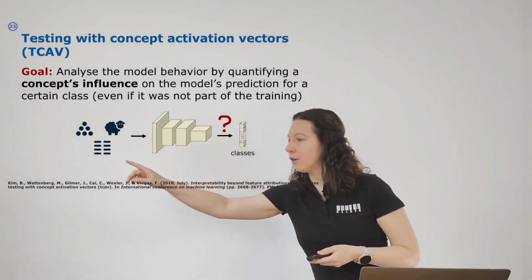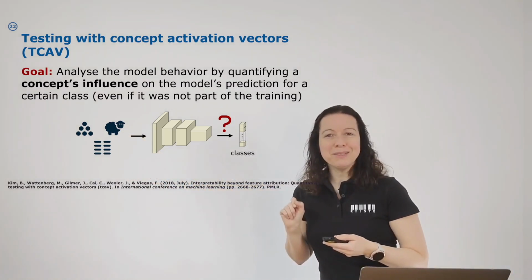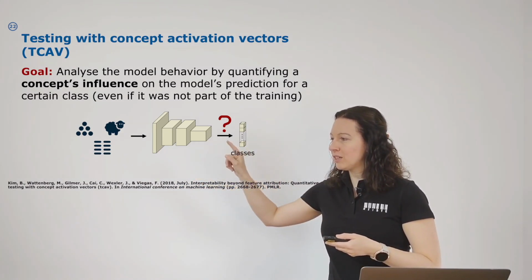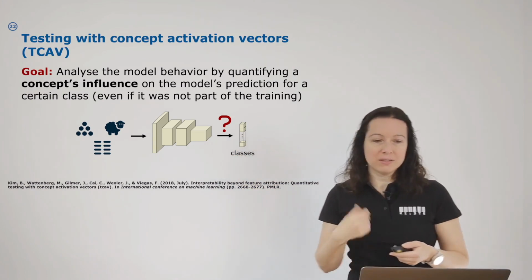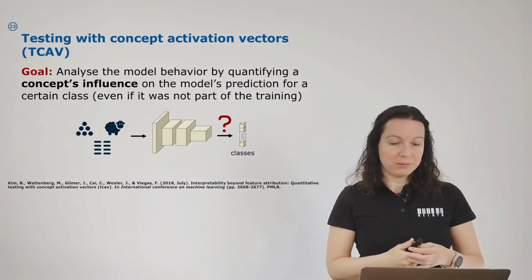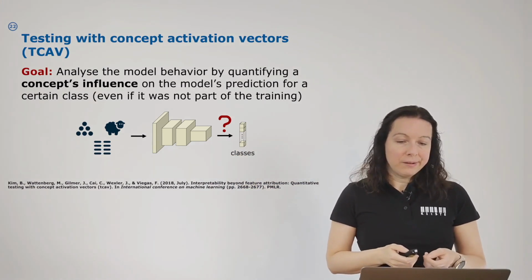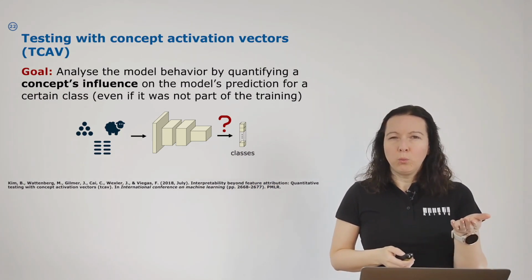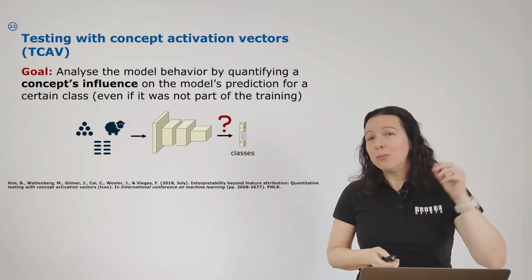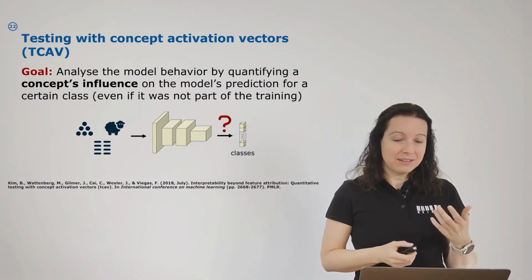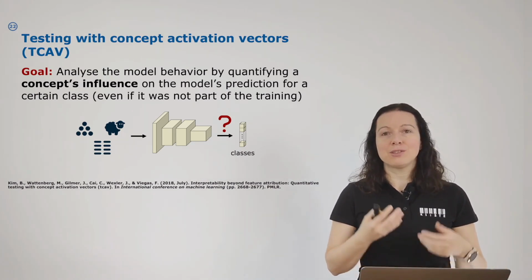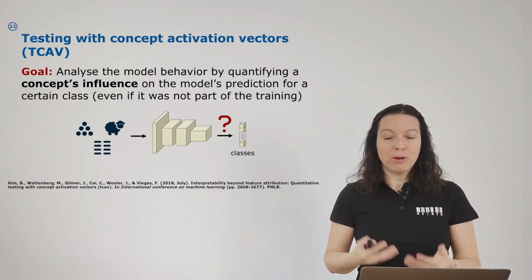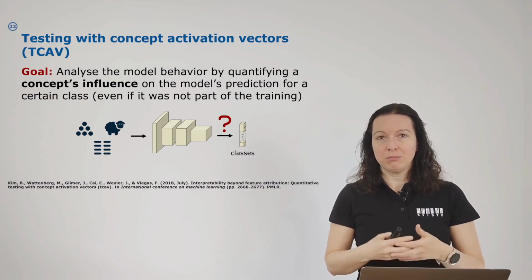This is what is illustrated here. You have a specific concept, again our sheep concept. You have your neural network, and what you actually analyze here is the concept's influence on the model's prediction. You might now ask, okay, but why? The approach answers the question of how much a concept, such as striped or sheep, was important for a prediction of a trained model.